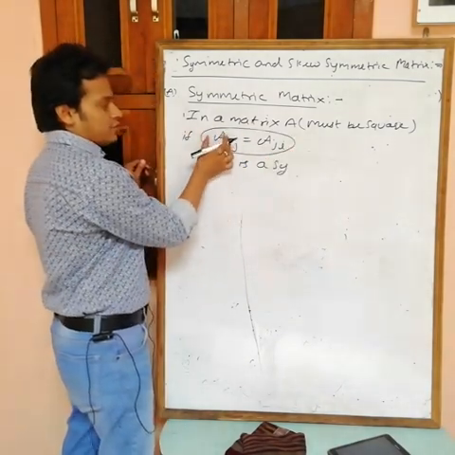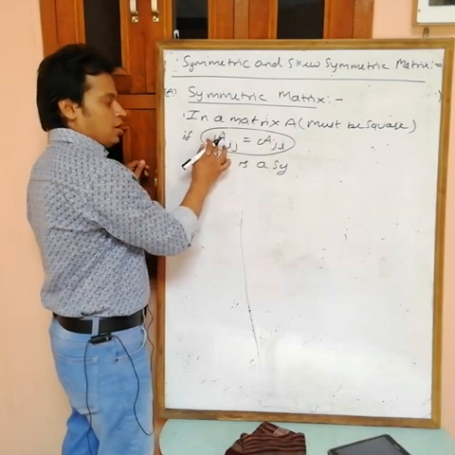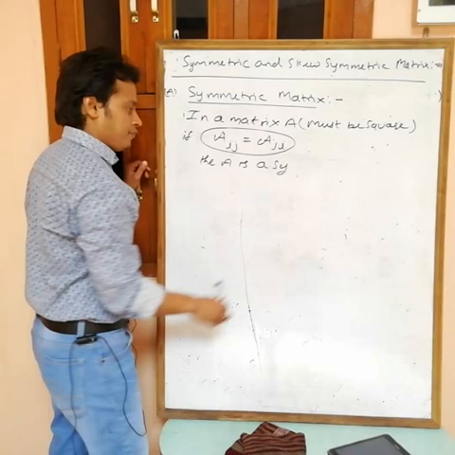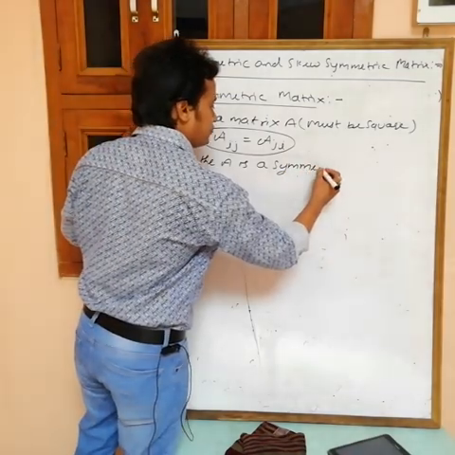You can also write the ijth element as small a ij. The ijth element of A is equal to the jith element of matrix A for a symmetric matrix.